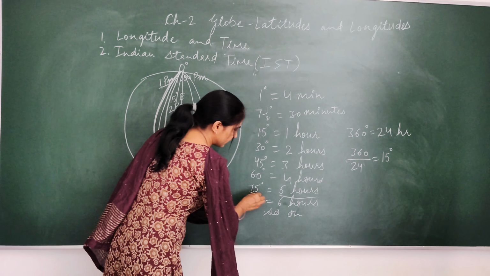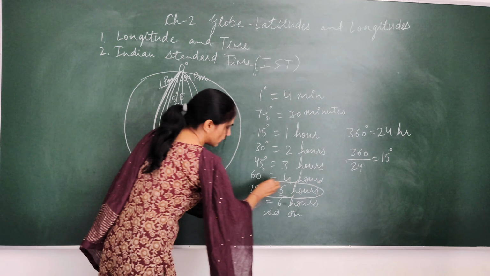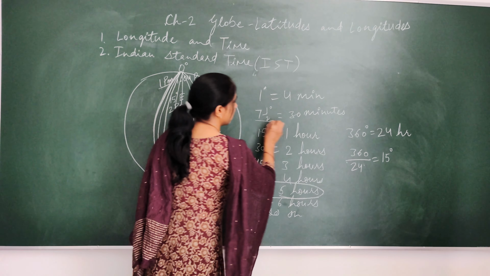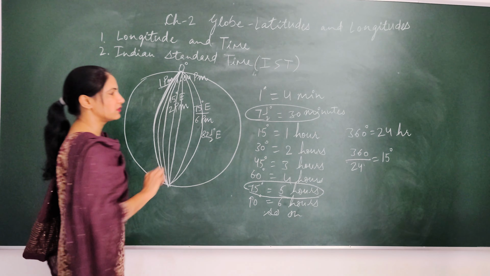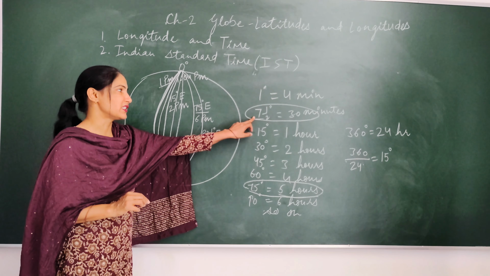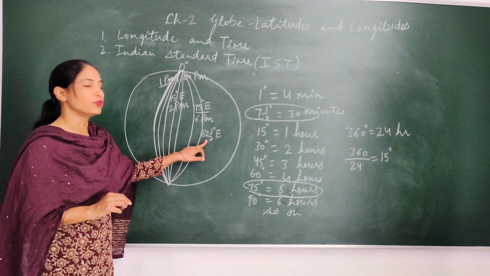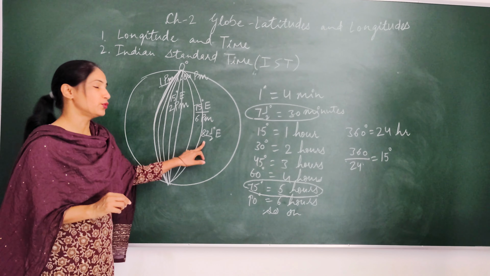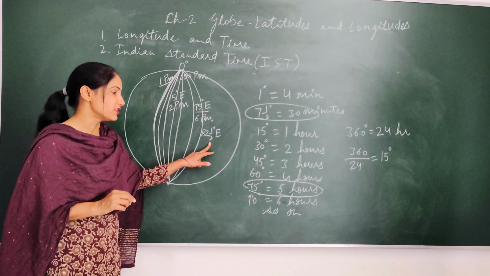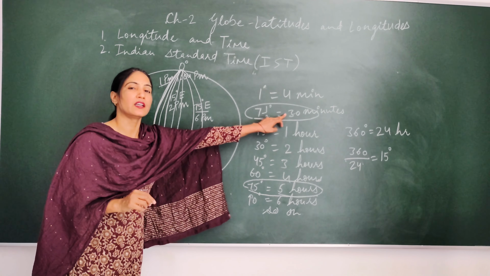As we have observed, at 75 degree we experience a 5-hour time difference, and at 7.5 degree, 30 minutes. So 75 degree plus 7.5 means 82.5. At 82.5 degree east, we experience a time difference of 5 hours and 30 minutes.